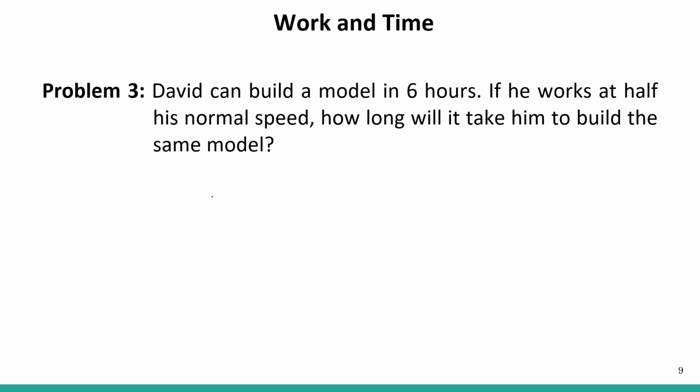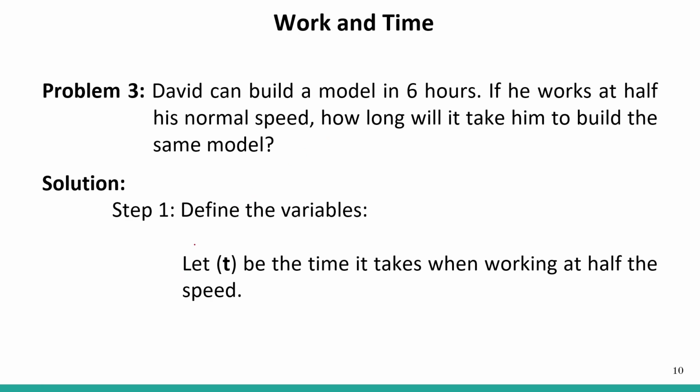David can build a model in 6 hours. He can build one model in 6 hours. If he works at half his normal speed, how long will it take him to build the same model?